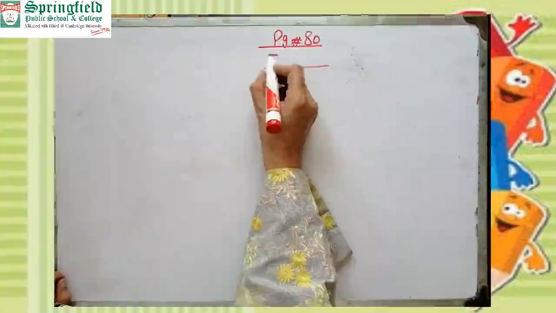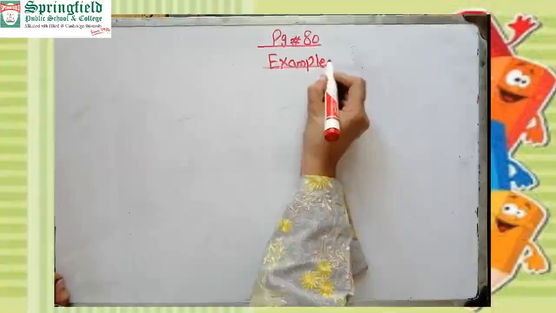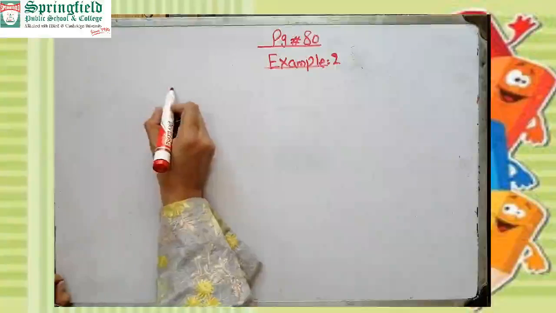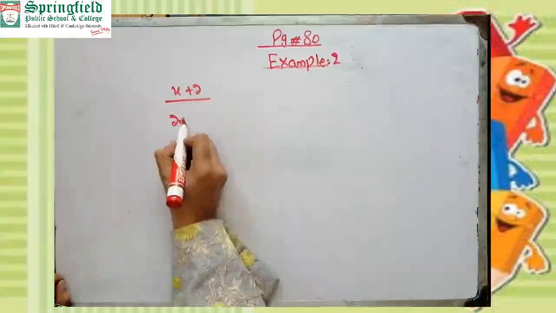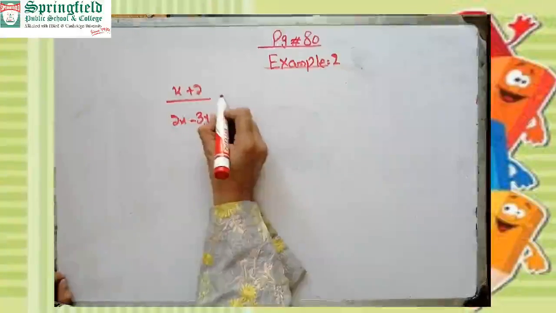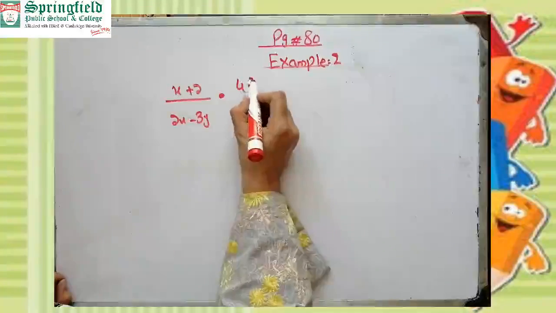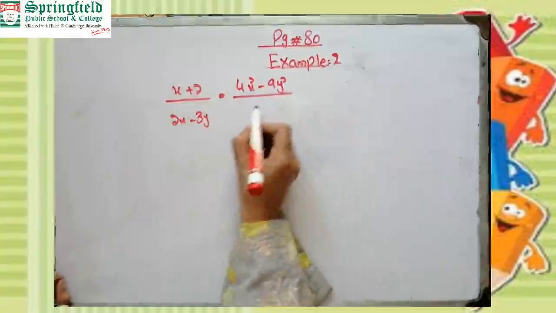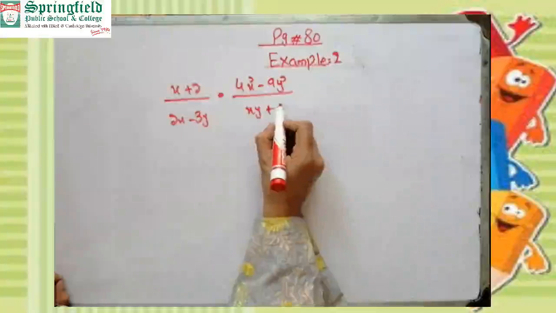Example 2: (x plus 2) divided by (2x minus 3y), the product of (4x square minus 9y square) divided by (xy plus 2y).